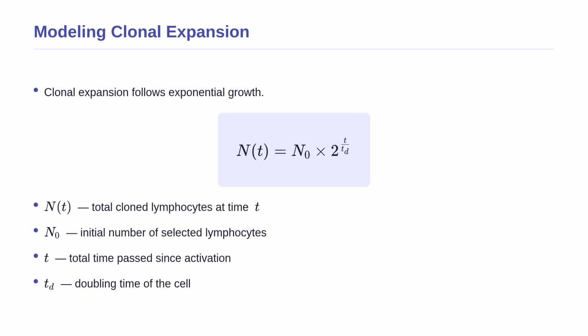In this formula, N(t) represents the total number of cloned lymphocytes present at a given time. N0 is the initial number of selected cells, usually just one. The variable t stands for the total time passed, while t_d is the doubling time, the time it takes for one cell to divide. As time increases, the exponent grows, causing the population to explode.